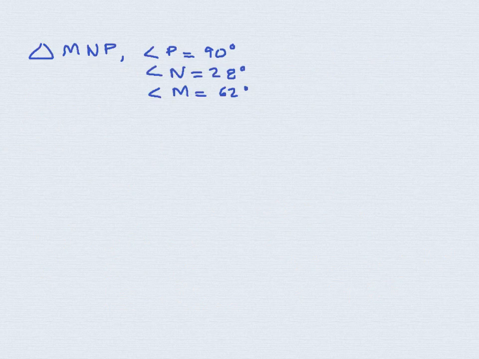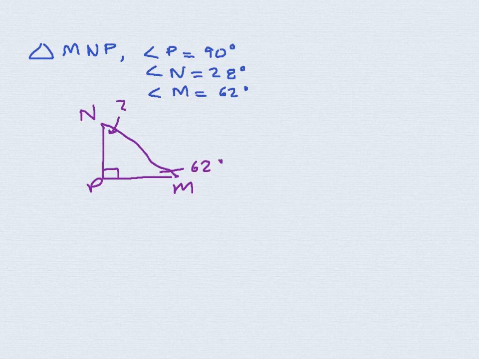Question in your book number 4 gives you a triangle MNP, and it says angle P is 90, angle M is 62, and angle N is 28. Find all the missing sides. Well, there's a problem with this question.